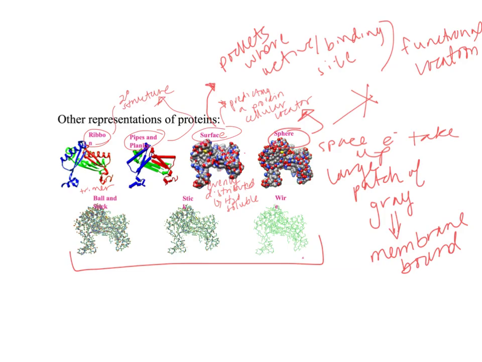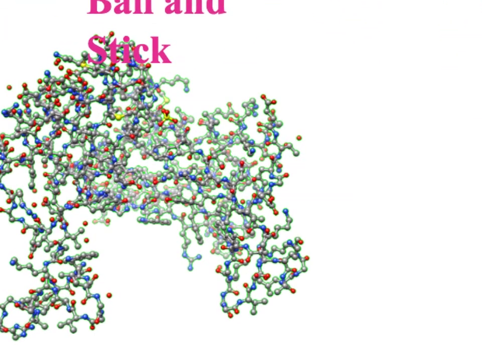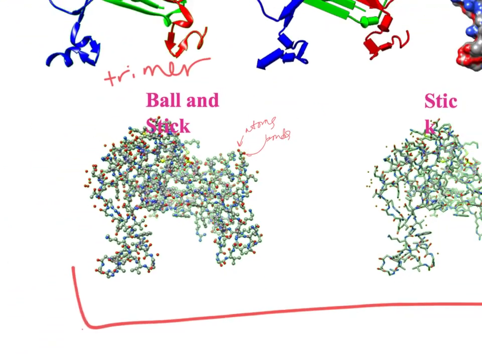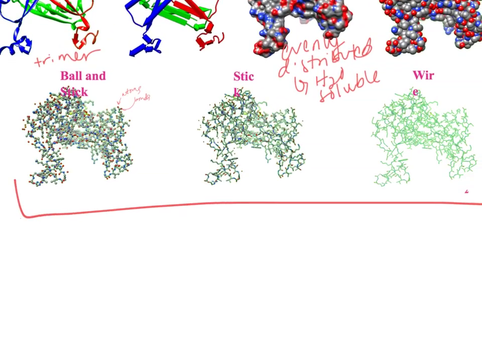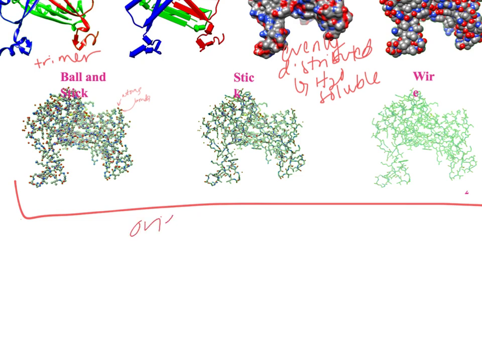Ball and stick is exactly what it means. I'll just zoom in here. All the balls here are atoms, and all the sticks are the bonds. In a protein, you probably would show most of it as a ribbon, and then select the amino acid side chains that you wanted to highlight and put those in ball and stick, because it can help you show the orientation of the side chains.